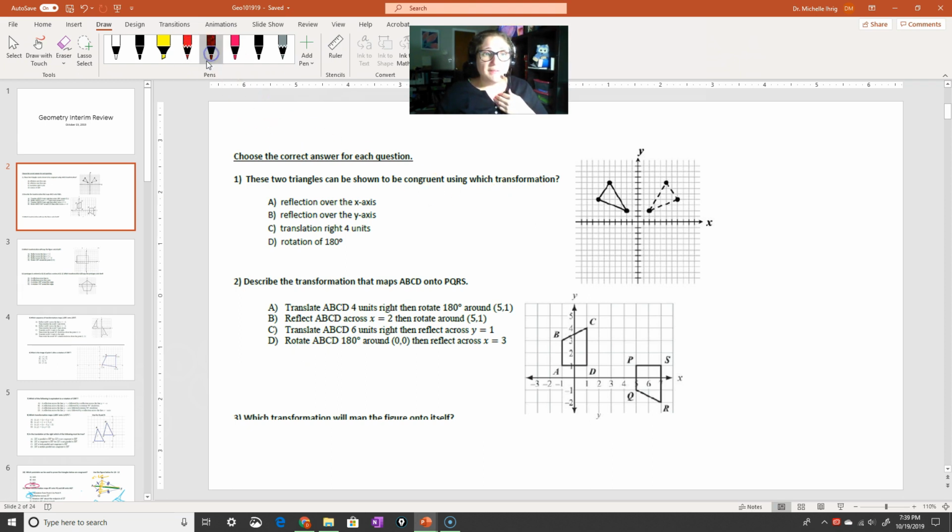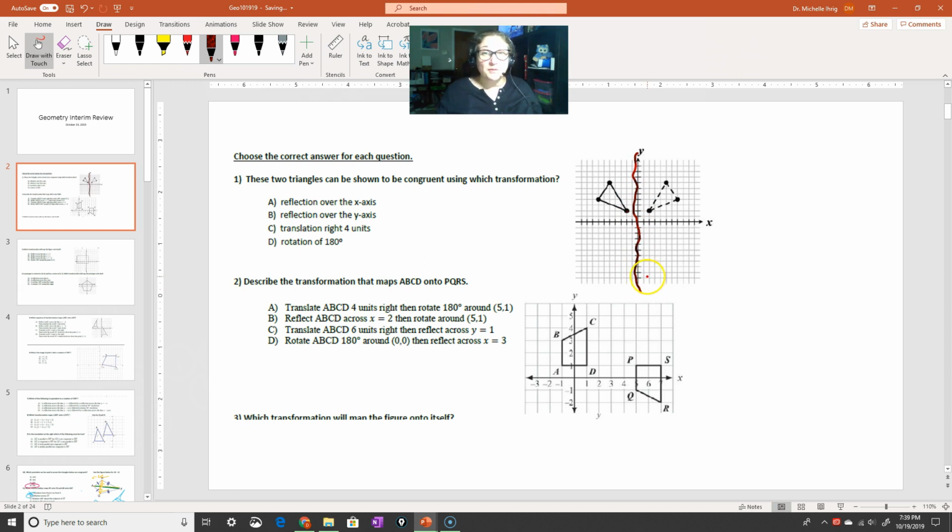Right here, I've got these two triangles that can be shown to be congruent by which transformation? Okay, so basically the reflection over the x-axis. Well, let's see. We see that it just flipped, and it flipped over this line.